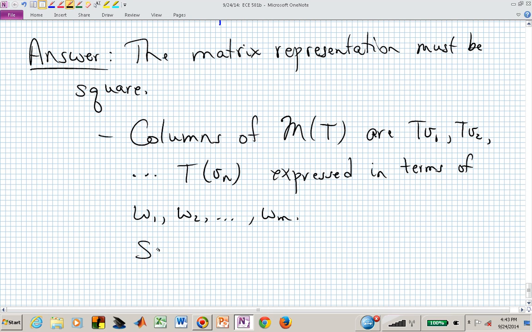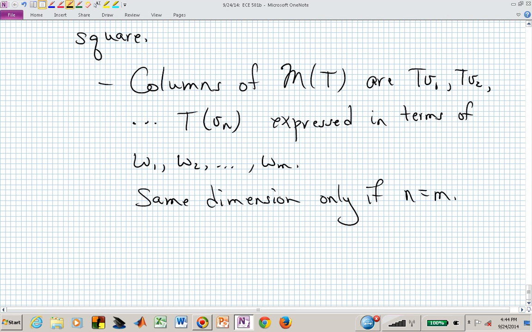So the same dimension is true only if n is equal to m, or the number of columns equals the number of rows, which says we have a square matrix.